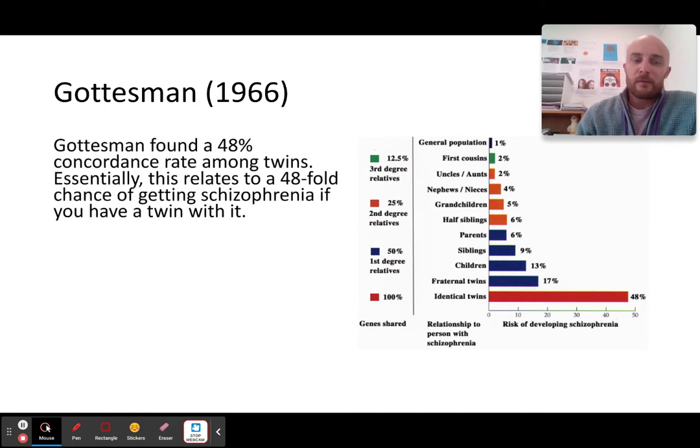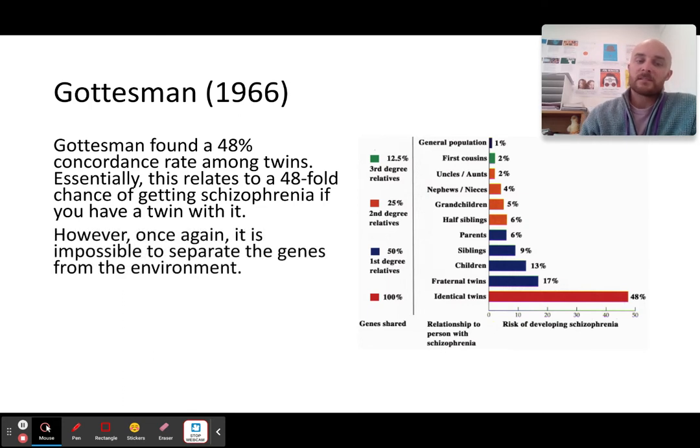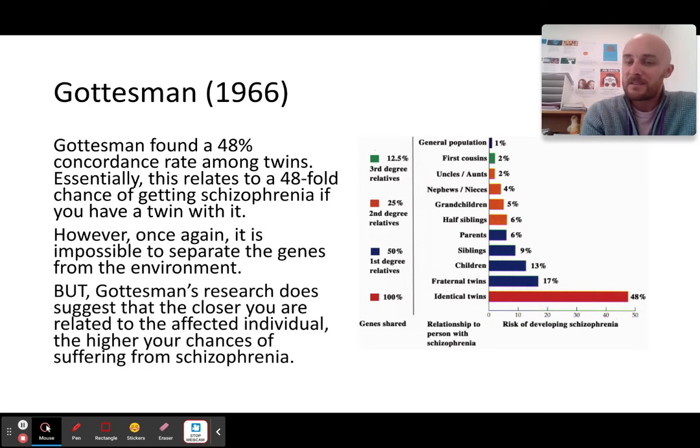But as I said, Gottesman found a 48% concordance rate among MZ twins, but it goes down to 17% with DZ twins. DZ twins don't share as much environment as MZ twins. Monozygotic and dizygotic, if you didn't know that. Monozygotic is one zygote, so you're identical.